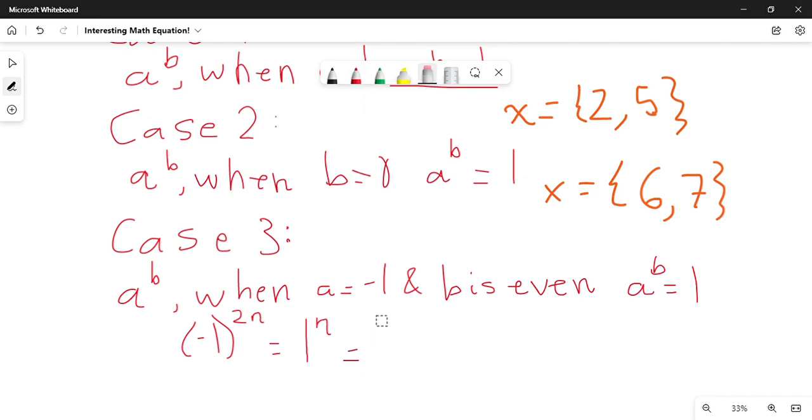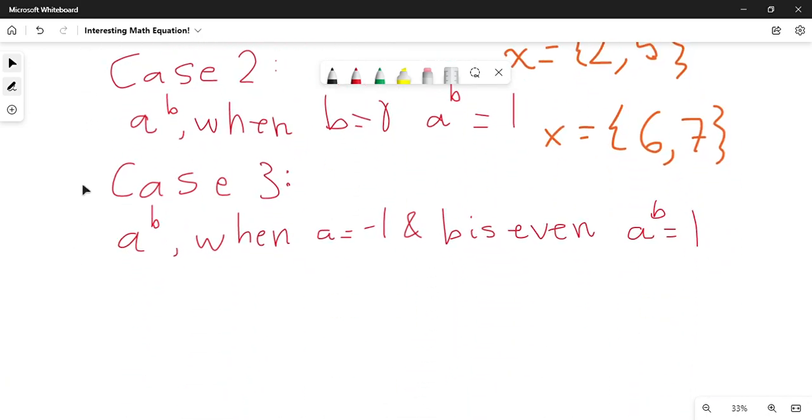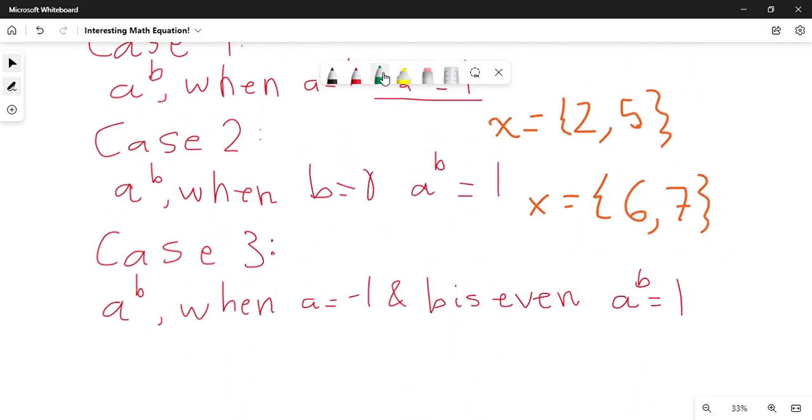Okay, so how will we solve this now? Let's see what values first. A is equal to -1, and our a here is x squared minus 7x plus 11. So x squared minus 7x plus 11 is equal to -1.